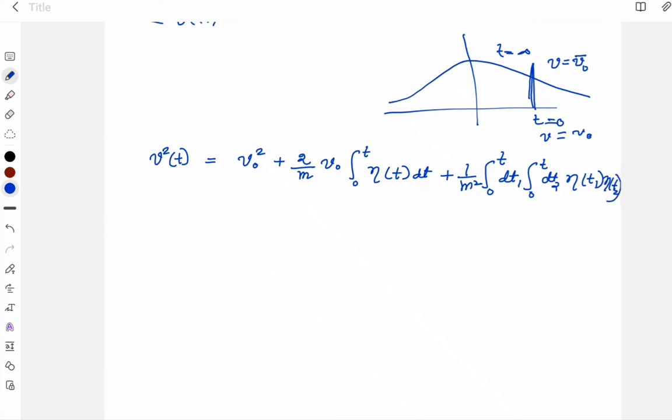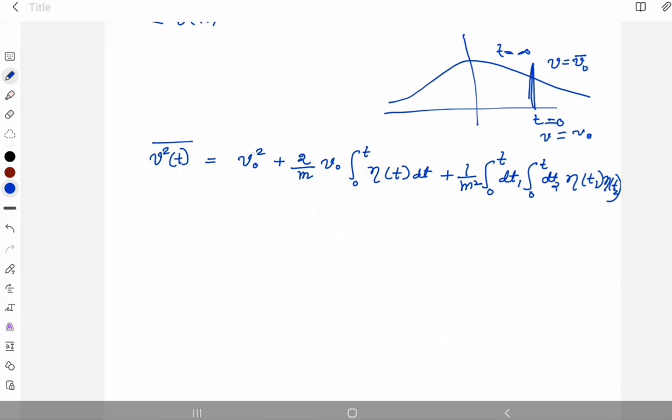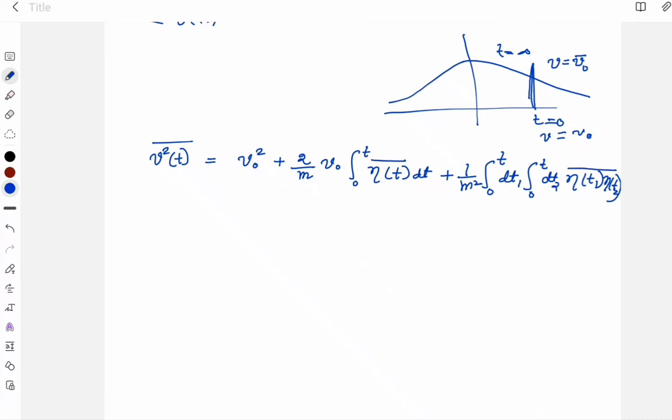Now let us average over all realizations of the noise. So v0 is constant, so average will not affect it, and here we average over eta.